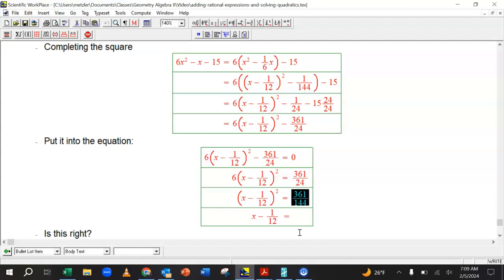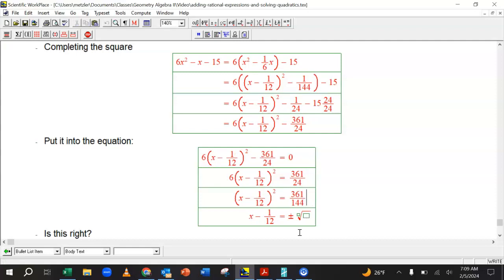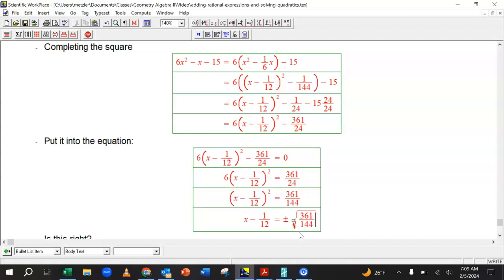In general, this is going to be some fairly random number, and you're going to get the square root of that number. And you might be able to simplify it a little bit. You're always going to get plus or minus the square root of this guy, always. And then the question is, does it simplify? That 144 hopefully is familiar. It turns out 361 is 19 squared.